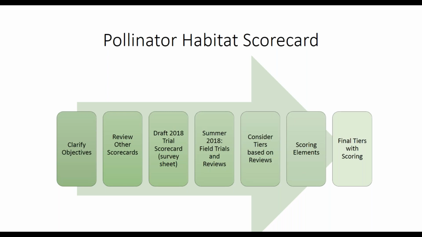I will talk a little more about each of these steps, but basically we did create a trial scorecard for demonstration use this year and piloted that. And then we received feedback from that. Then I will walk you through the conversation that ensued, and I'll touch back later on where we're headed next.